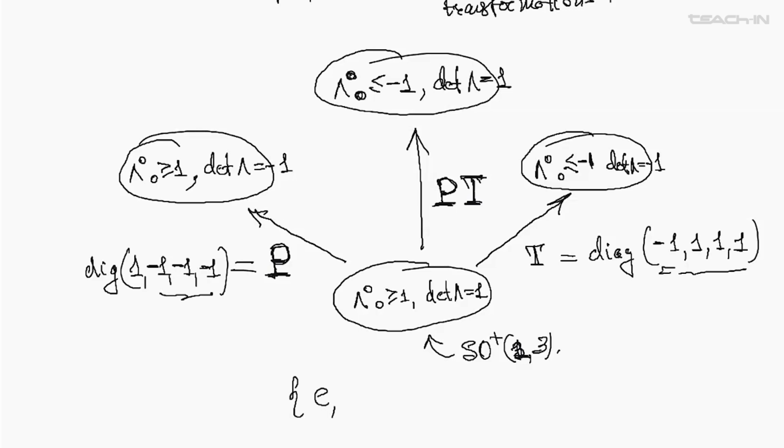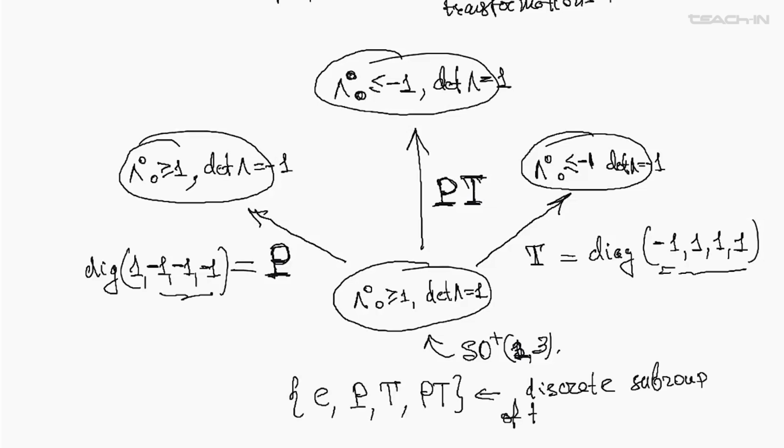So these discrete transformations also form what is called a discrete subgroup of the Lorentz group for 3,1, which allows the movement among these topologically different components.